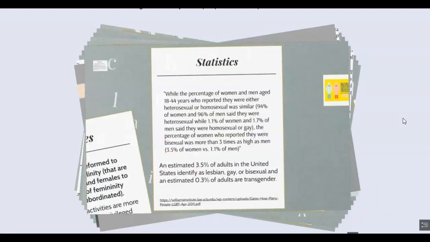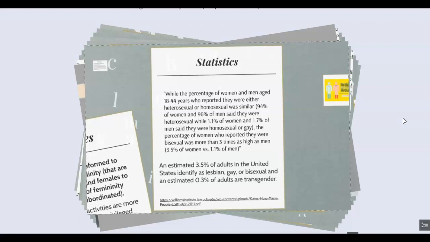Some other statistics: while the percentage of women and men aged 18 to 44 years who reported they were either heterosexual or homosexual was similar, 94% of women and 96% of men say they were heterosexual, while 1.1% of women and 1.7% of men say they were homosexual or gay. The percentage of women who reported they were bisexual was more than 3 times as high as men, 3.5% of the women versus 1.5% of men.